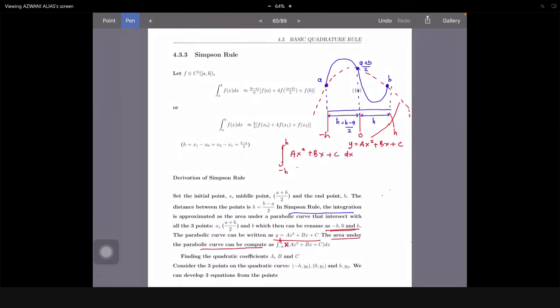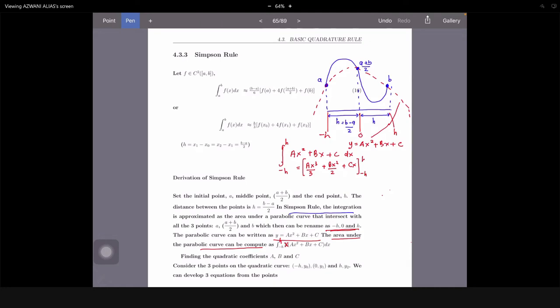So, integrate, you akan dapat ax kuasa 3 over 3 plus bx kuasa 2 over 2 plus cx from negative h to h.